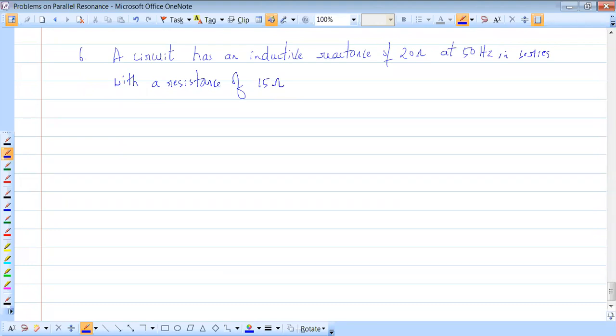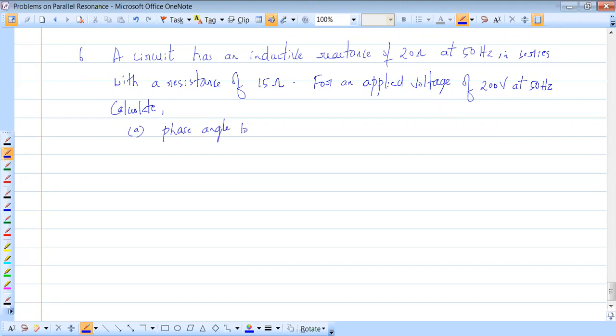For an applied voltage of 200 volts at 50 hertz, calculate: A, the phase angle between I and V, the current and the voltage.